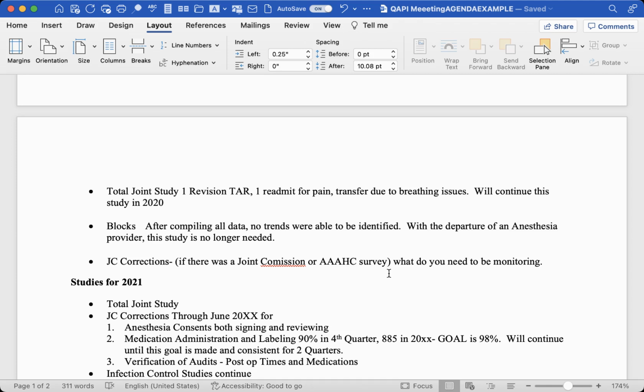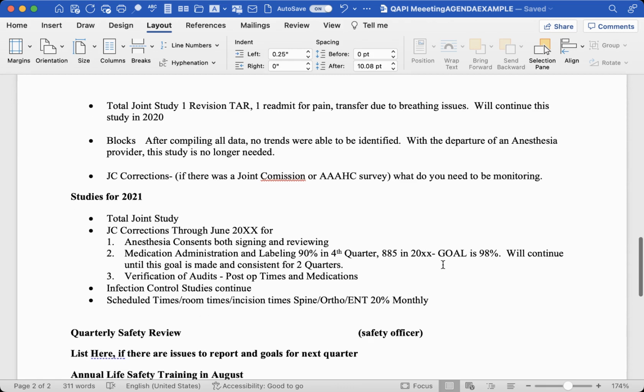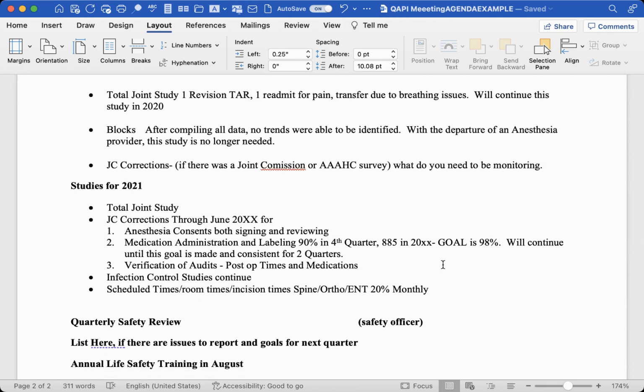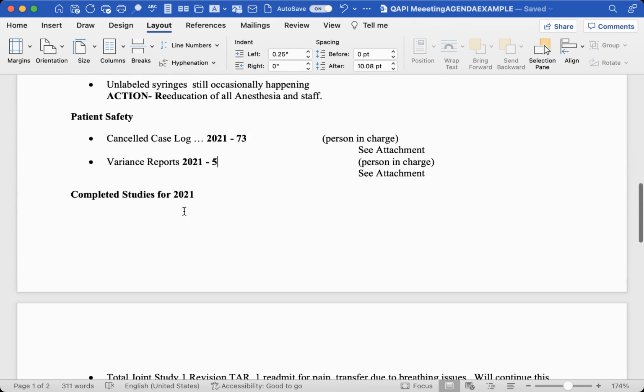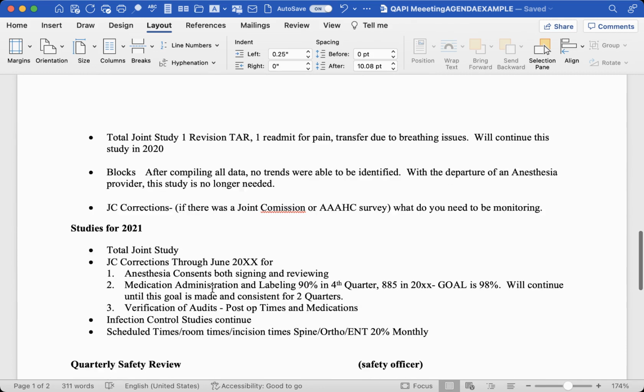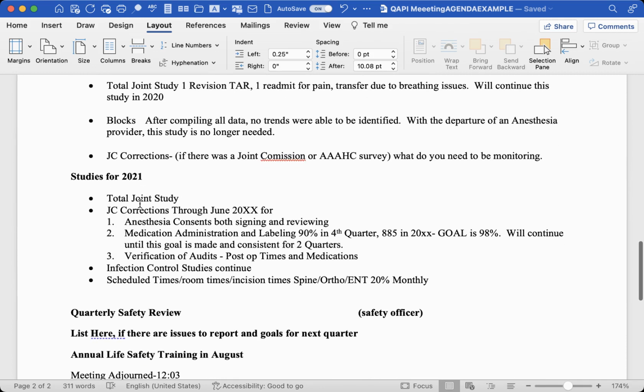They did one on blocks, and they were also focusing on the Joint Commission inspection, what they needed to be monitoring. And again, there are some other studies here that they wanted to add in. The studies above are the completed ones, and these ones are the ones in process.